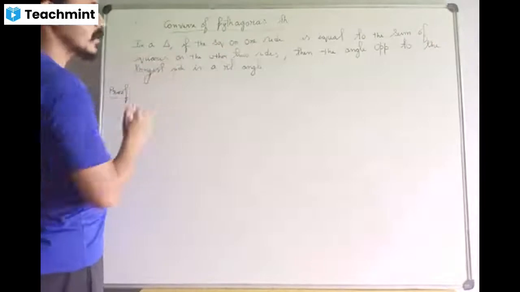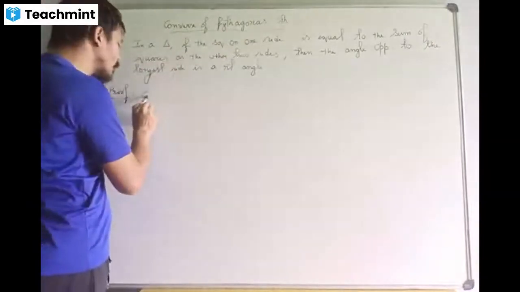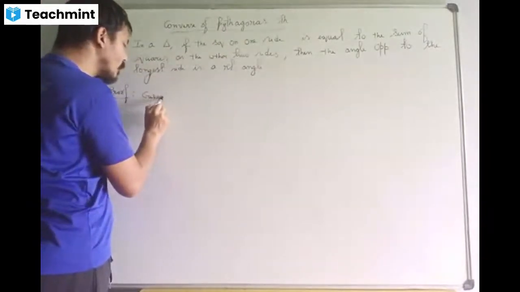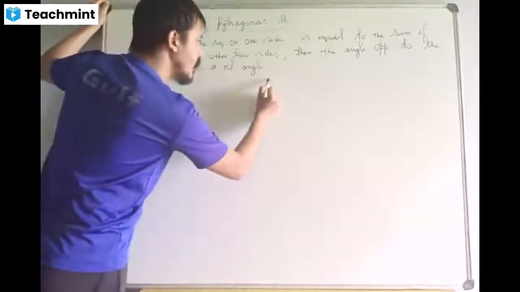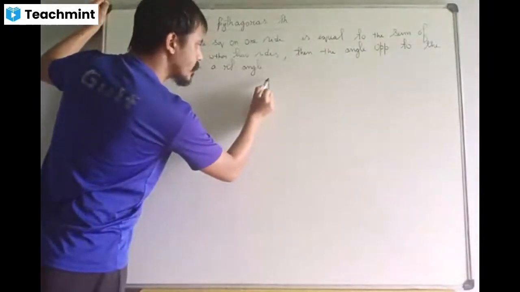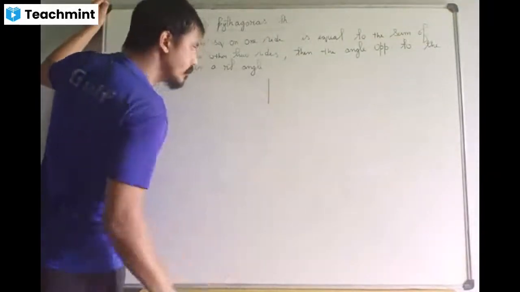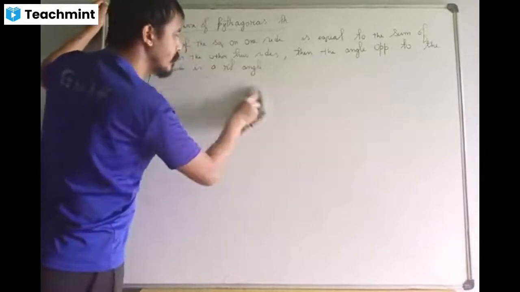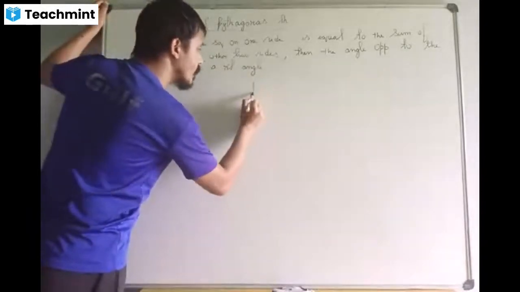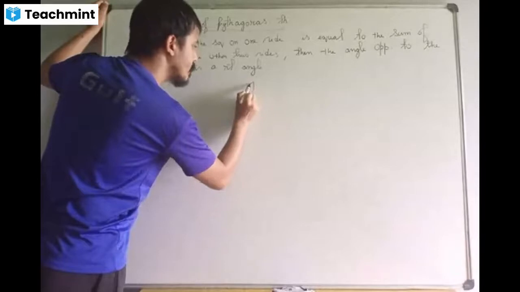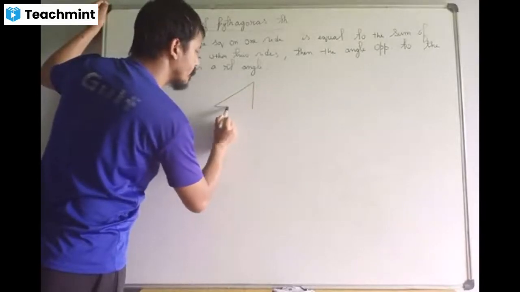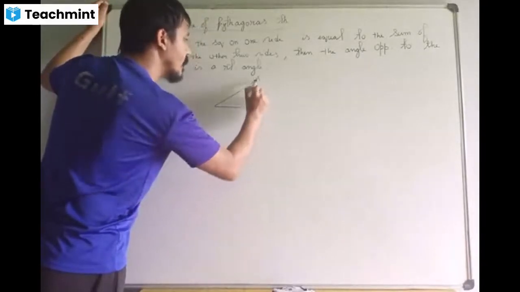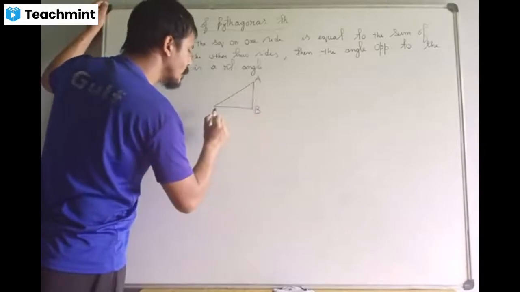So in this theorem, what is given? In a triangle, this is not a right triangle, okay? Let me draw the triangle in this way. Okay, in a triangle ABC, this is not a right triangle, we do not know.